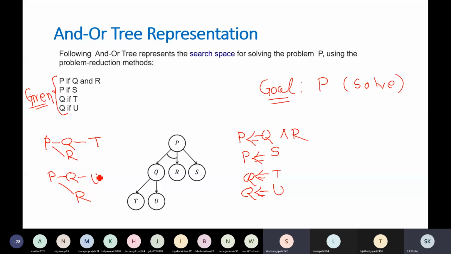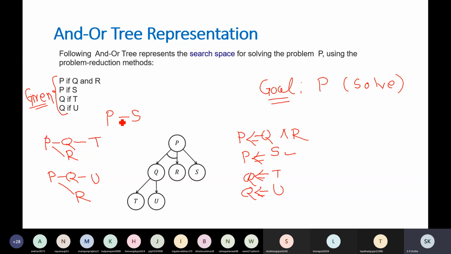There are two different ways, therefore two different partial solution paths: P, Q and R, and from Q to T. Another way is P, Q and R, and this Q can be solved by solving U. Second possibility is P can be solved by using S. So this is a partial solution path. So right now there are three different solution paths.